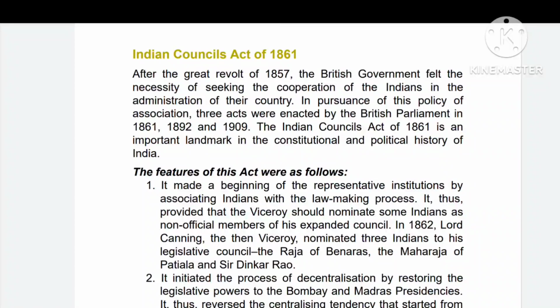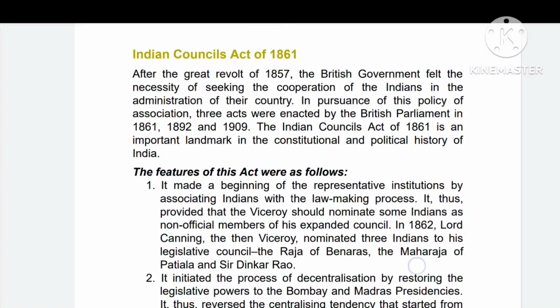In pursuance of this policy of association, 3 acts were enacted by the British Parliament in 1861, 1892 and 1909. The Indian Councils Act of 1861 is an important landmark in the constitutional and political history of India. The features of this act were as follows.